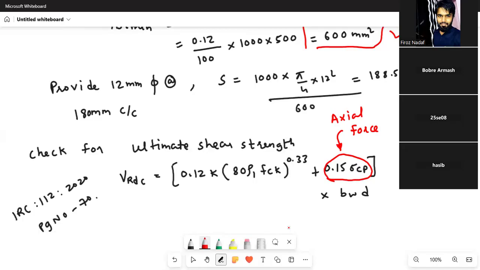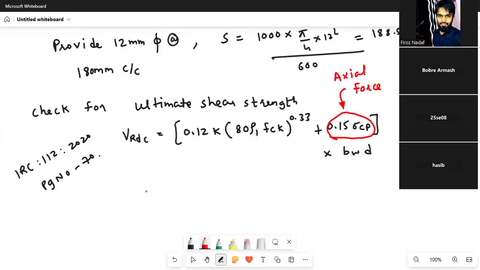So when you are neglecting it, you are only considering the vertical forces. If you have the axial force, then you have to take this. You cannot neglect it. Since we do not have axial force in our member, we are neglecting it.